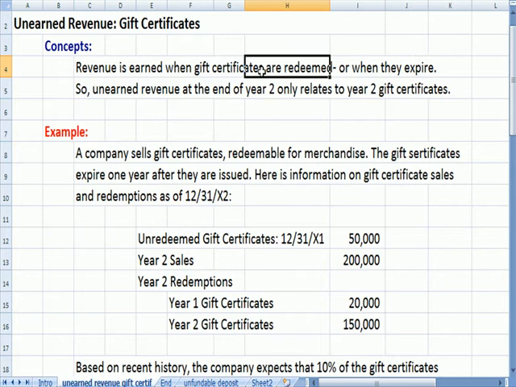So they either redeem it, they come in and they buy something with the gift certificate, or it expires. At that point, you can recognize revenue. So unearned revenue at the end of year 2 in this example only relates to the year 2 gift certificates, and we're going to see an example of that here.